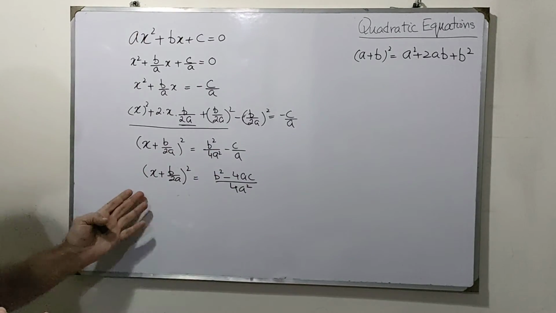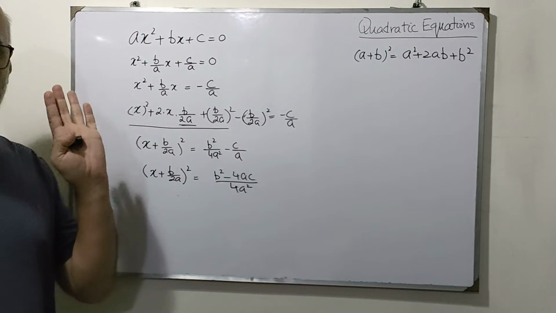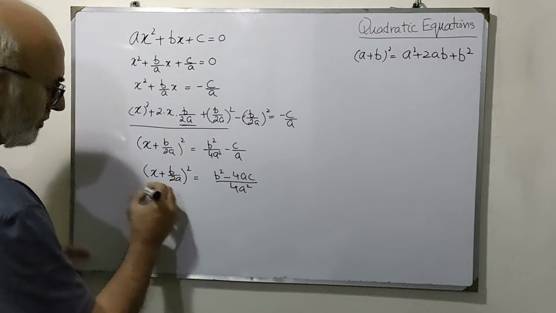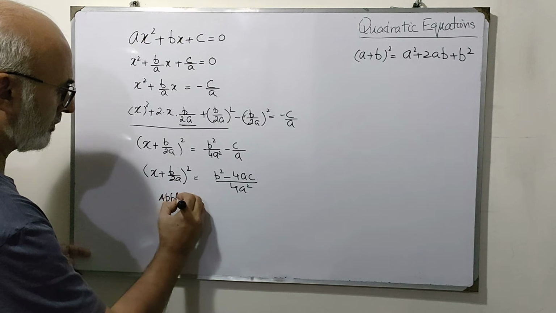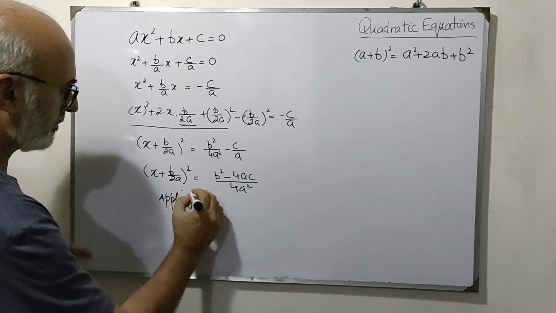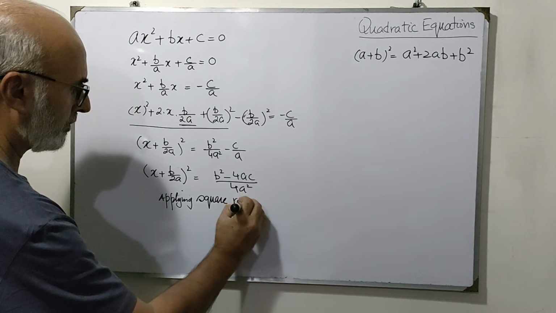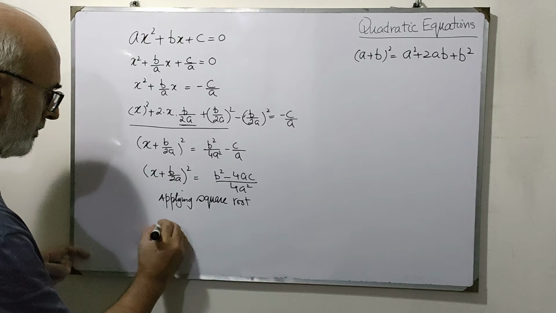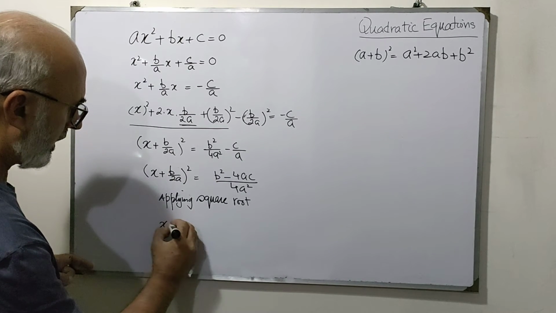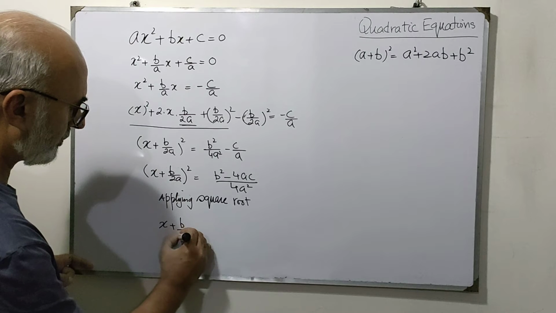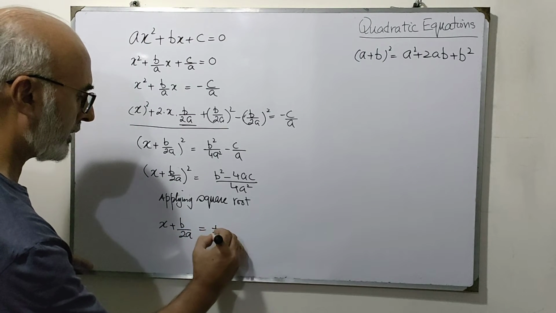Now let's take the square root so that we can remove the square from the left hand side. If I apply the square root, I am left with x plus b over 2a is equal to plus minus.